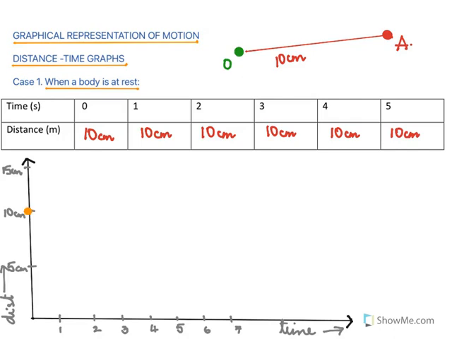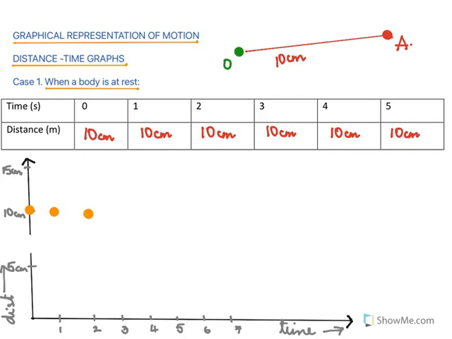Now for the second, time 1, distance 10 again, so the point will be out here. Second case, time 2, distance 10. Now the point will be out here.